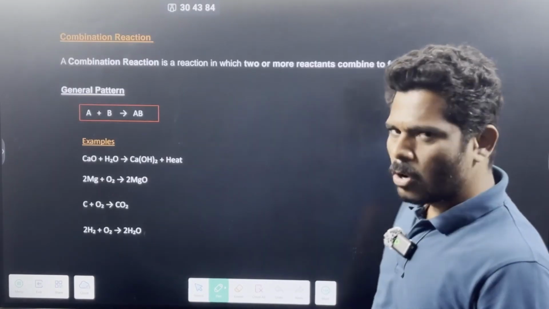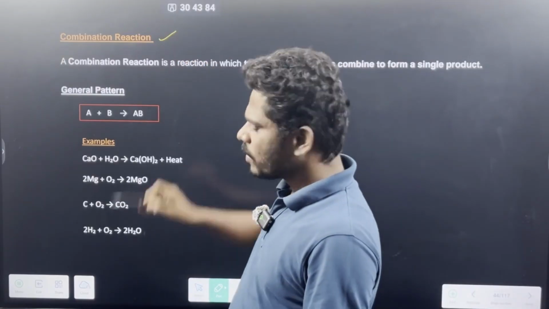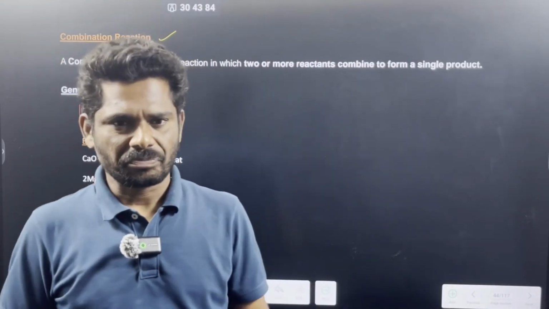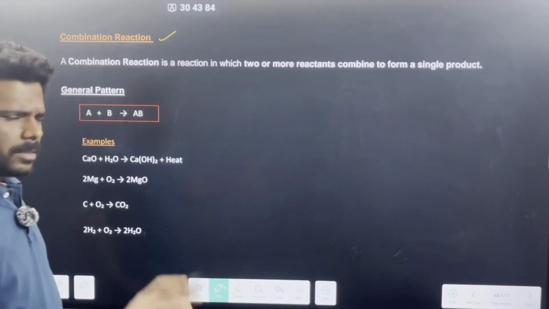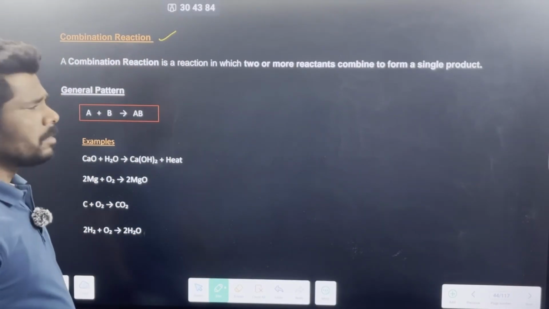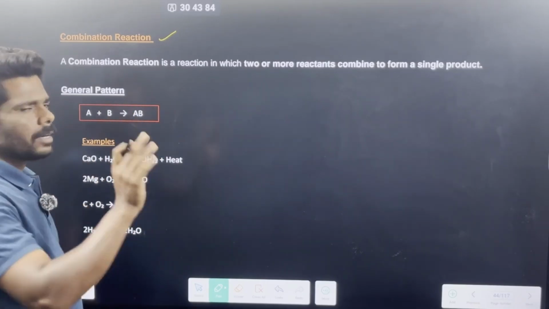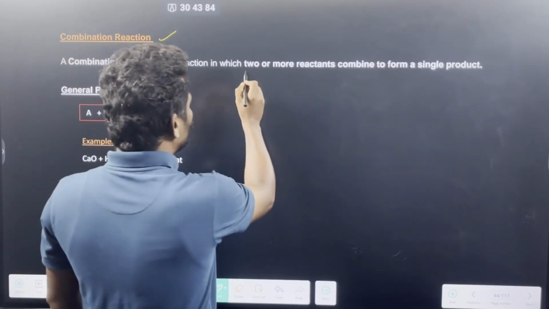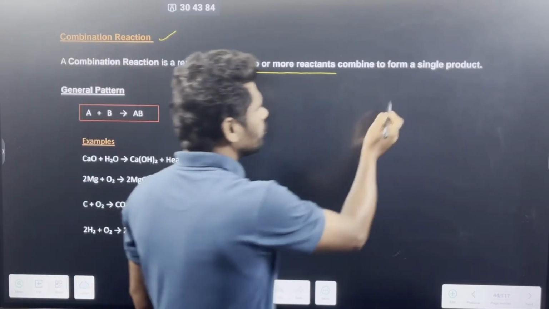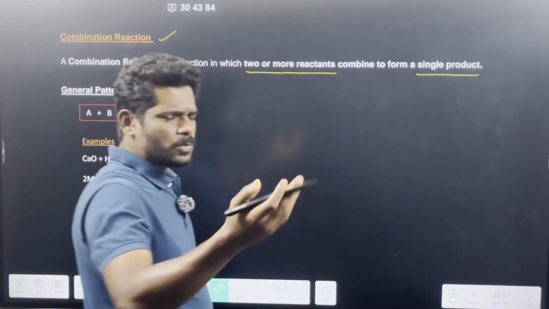a kind of reaction called combustion reaction, which is one of the main types of reaction. See, simple, no much logic in this type of reaction. In a combustion reaction, 2 or more reactants are combining and a single product is formed.